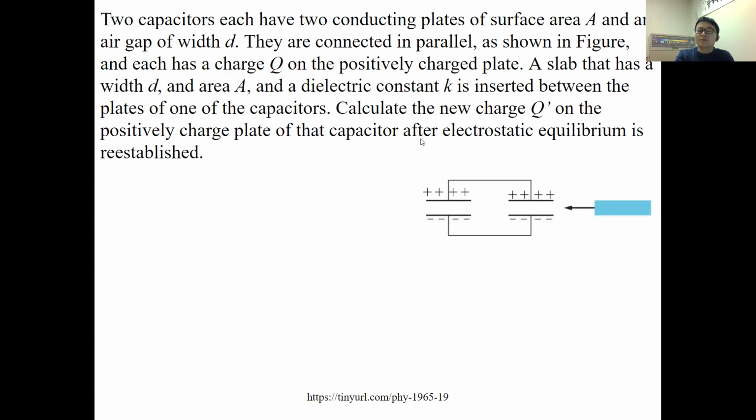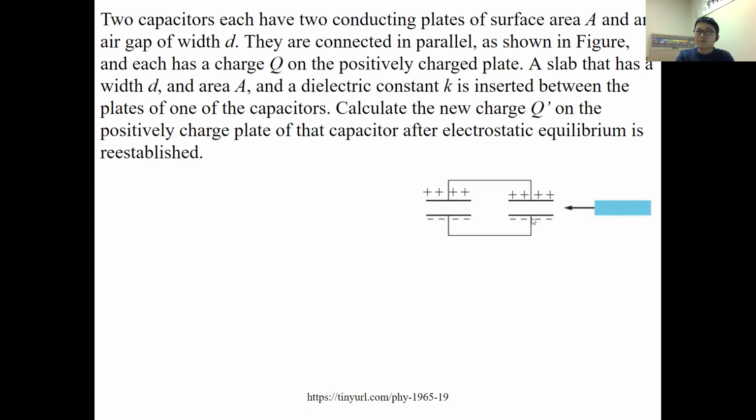Okay, so you have this dielectric inserted here. Originally these two are identical. They have the same amount of charge. Now, once this one goes in, the capacitance will increase, right?